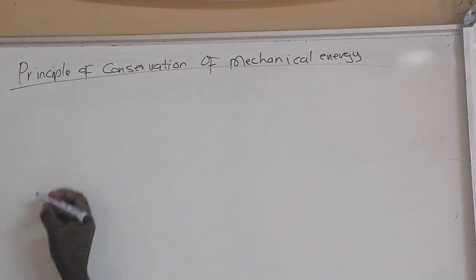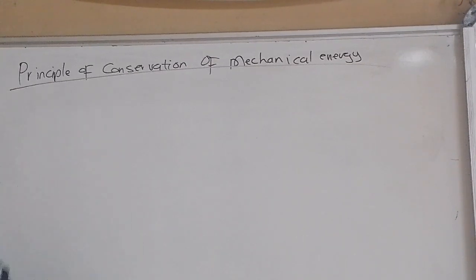Okay, now the principle of conservation of mechanical energy has its own formula, as you can see written on your screen. Don't complicate things: when they ask you to define mechanical energy, you don't define the principle of conservation of mechanical energy.